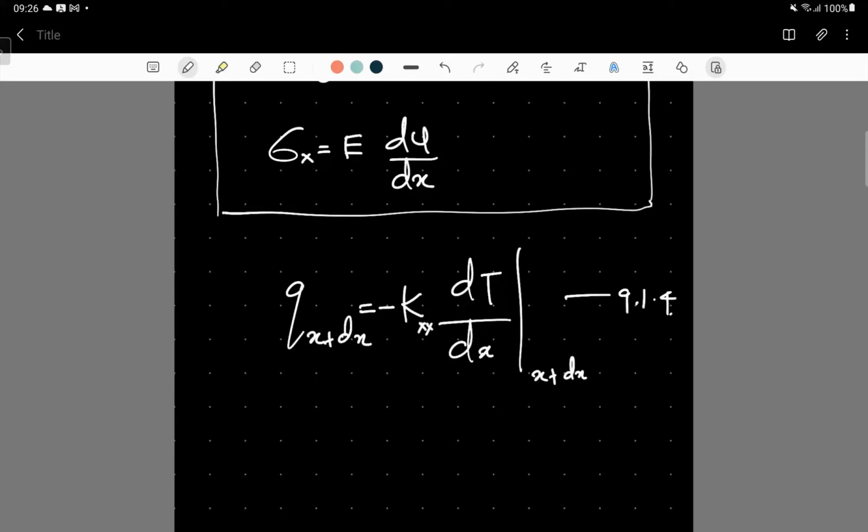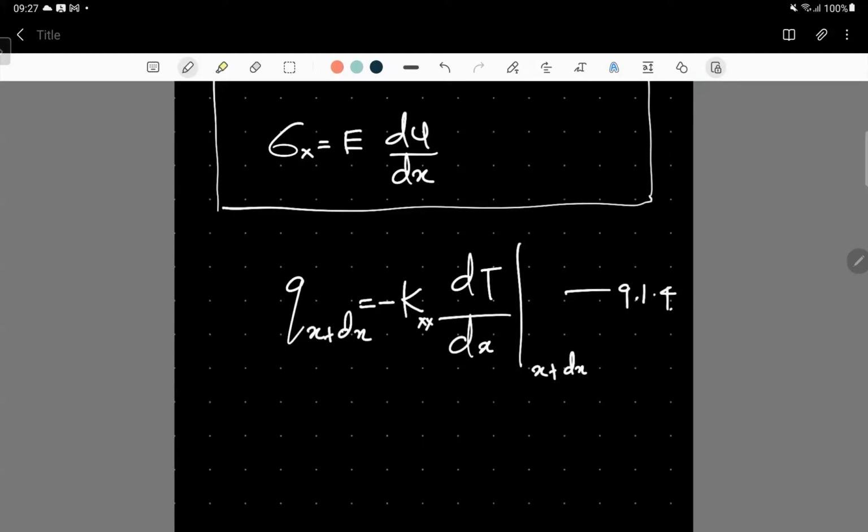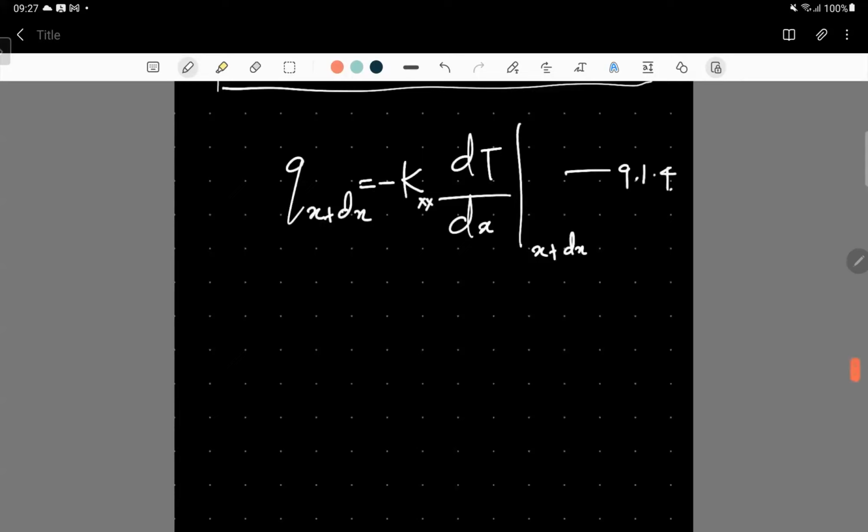So since we are at this point now, what we can do is rewrite this equation. Let's try to obtain an expression for the heat flux at x plus dx using the heat flux at surface 1, that is using qx. For that, let's recall the Taylor series expansion.